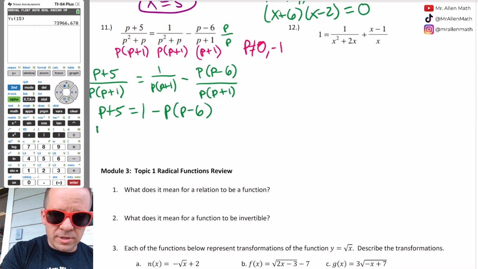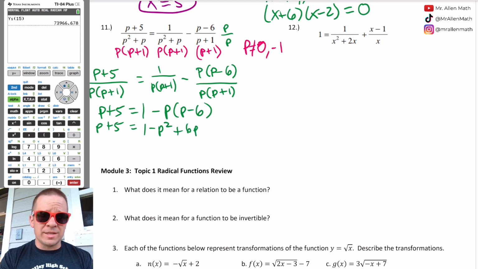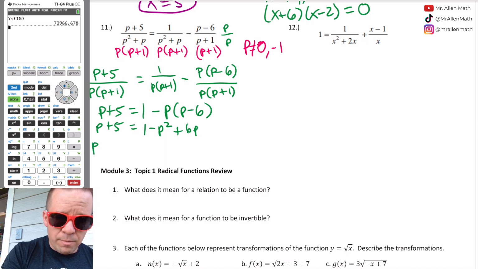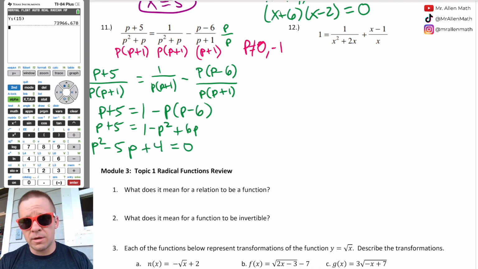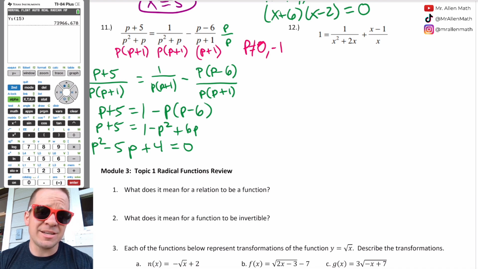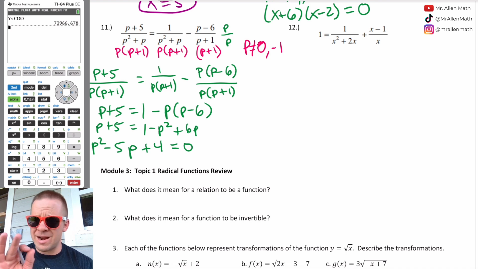I'm going to distribute, so I get P plus 5 equals 1 minus P squared plus 6p, and then I'm going to bring everything over to one side, okay? So I'm going to have p squared minus 5p plus 4 equals 0. I had to subtract 1, I had to add the p squared, and I had to subtract 6p. I didn't have a whole lot of room, so that's why I did that all without writing everything down.